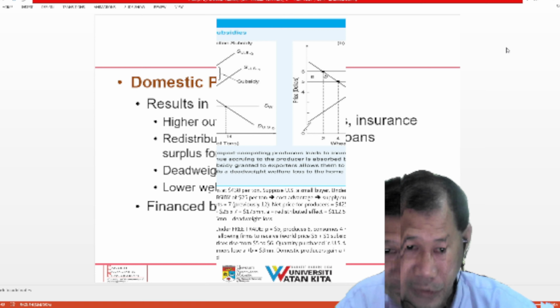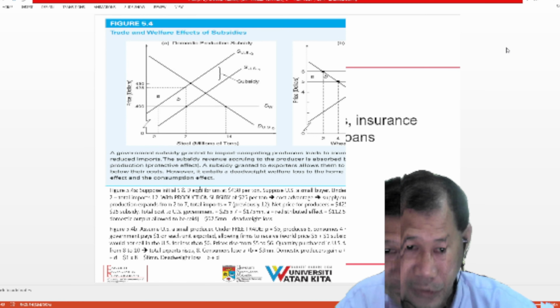So if there is a change in domestic demand, increase in domestic demand, for example, quota is more restrictive. So if you want to compare which one is bad, quota is the worst. Tariff is also bad. But subsidy, production subsidy that we just learned here, lower.